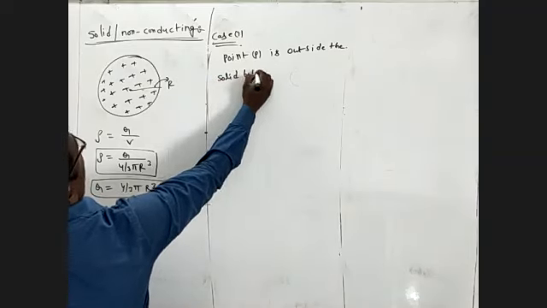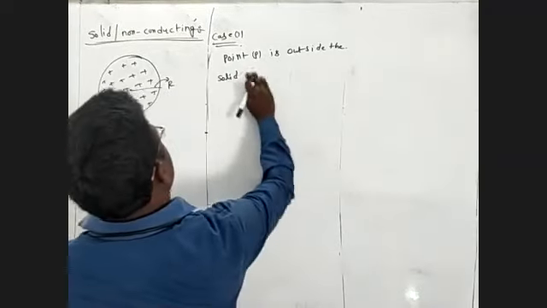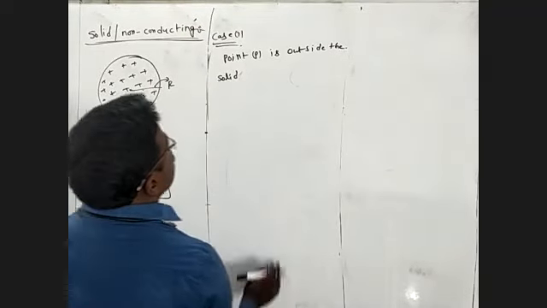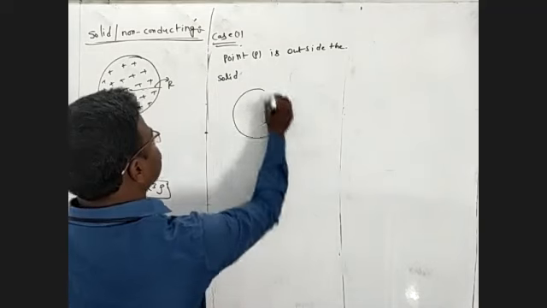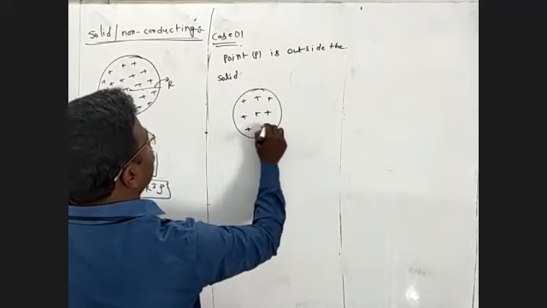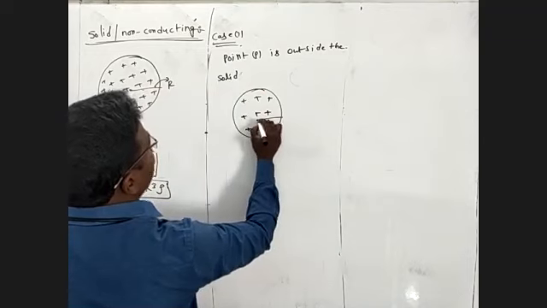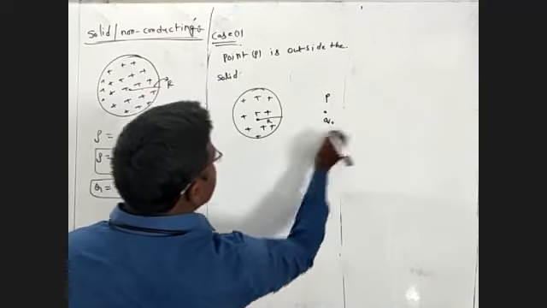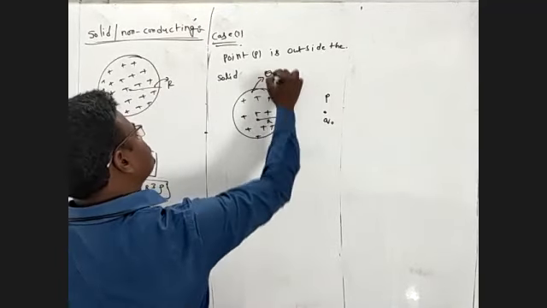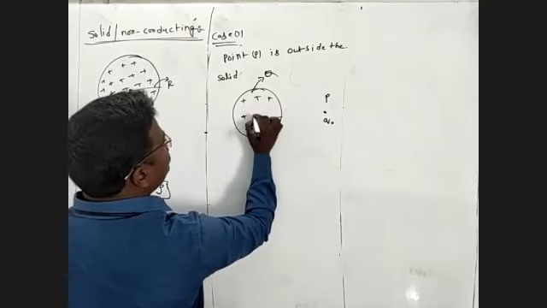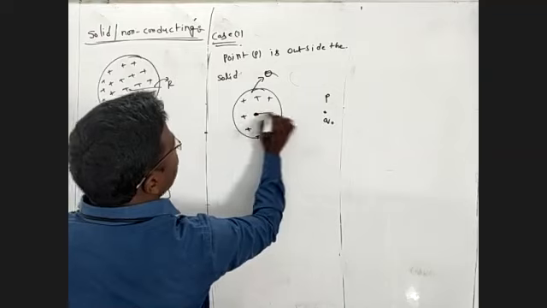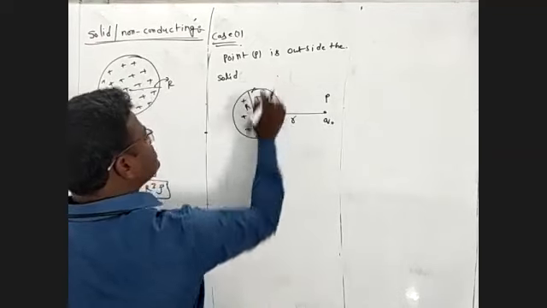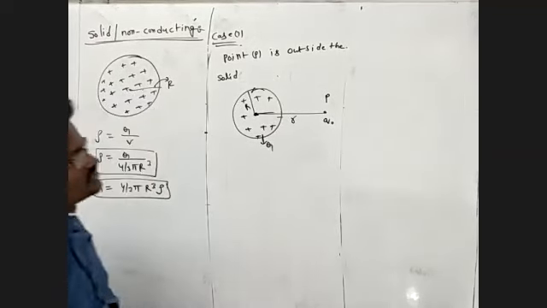This is the body with radius capital R, and this is the point P. This is the center of the body with charge Q. From the center to the point, the distance is capital R.